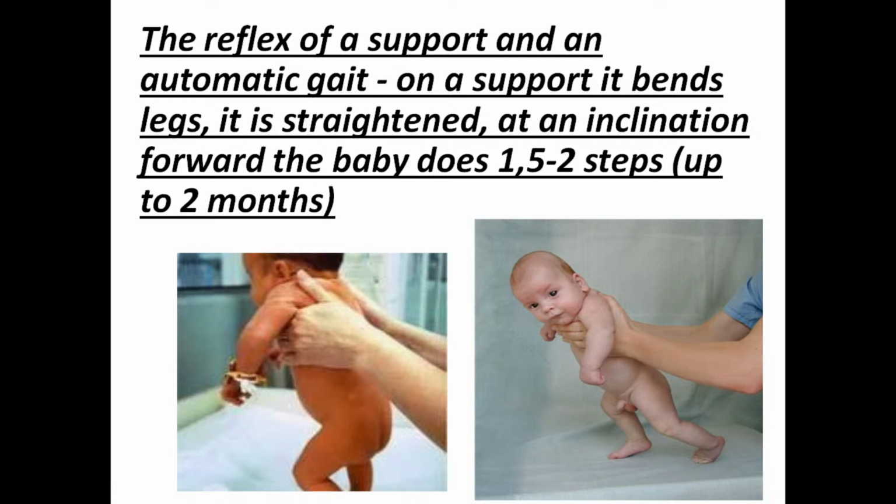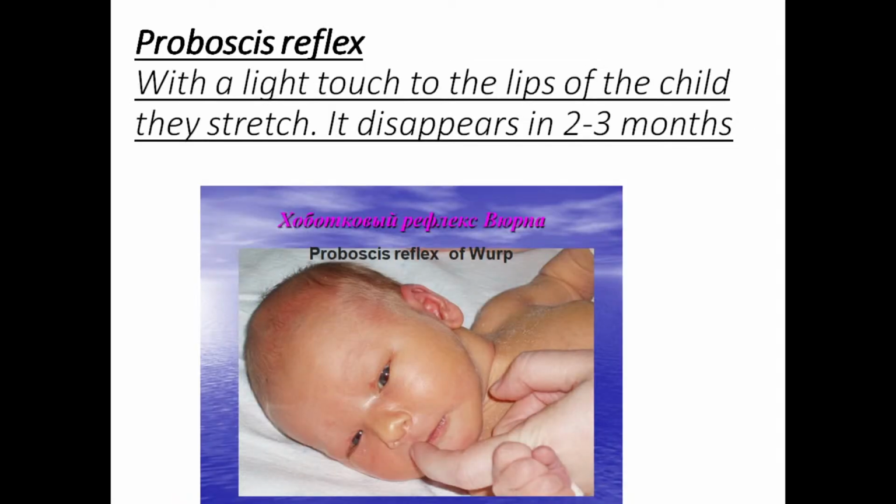Okay, unconditional reflexes. Piper's reflex, reflex of freedom, Gilula, and reflex of opening the eyes. Reflex of support and automatic gait: on supported, straightened legs with inclination forward, the baby does 1, 2 steps. Look at this, you just support, not hold stable, and you try to move the baby, and the baby makes steps. The proboscis reflex is a light touch to the lips of the child.